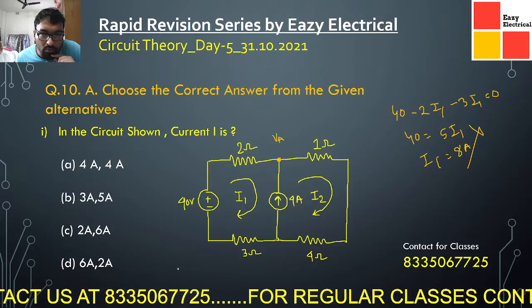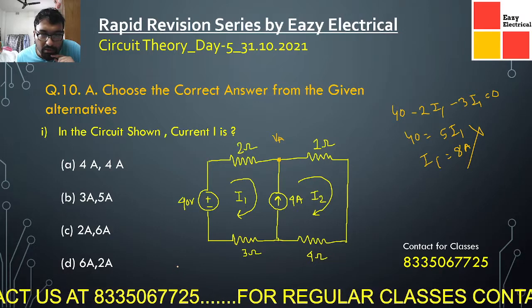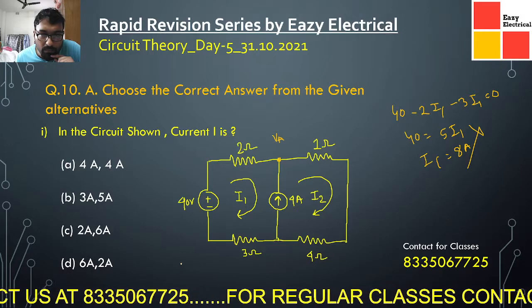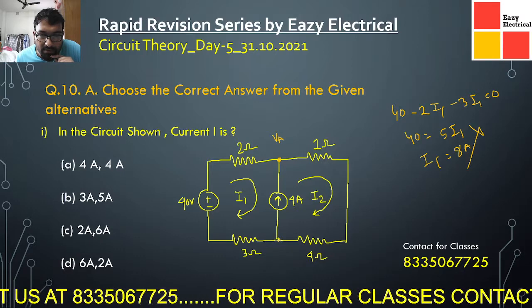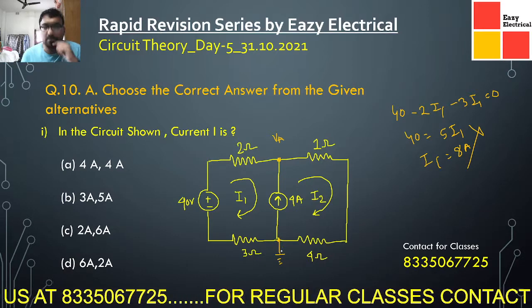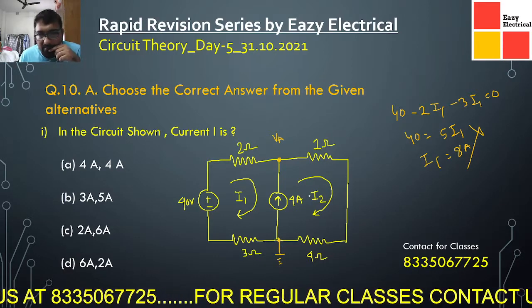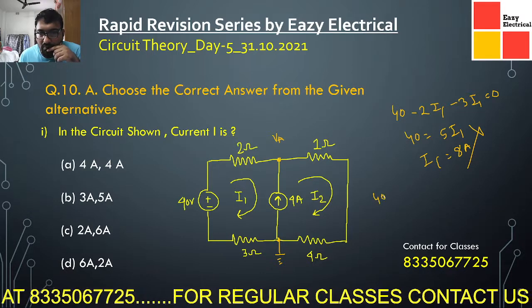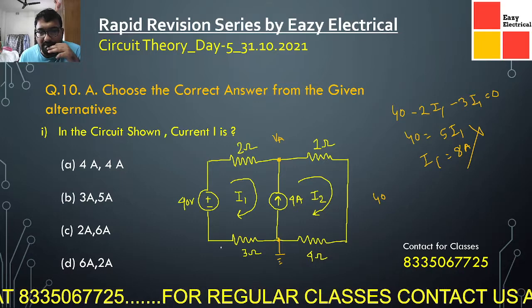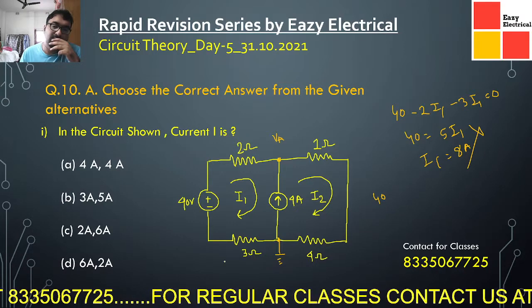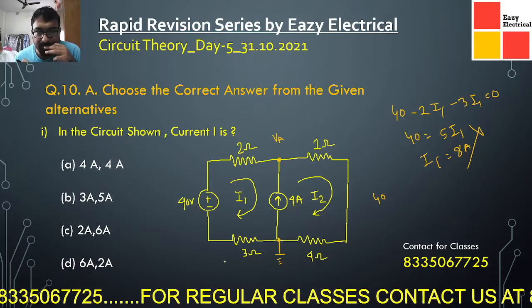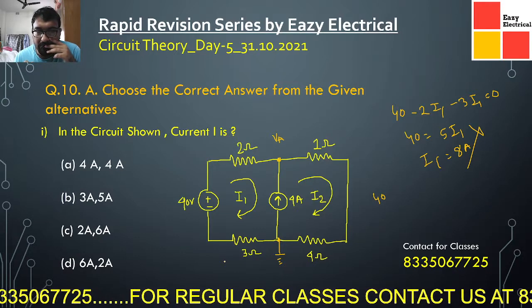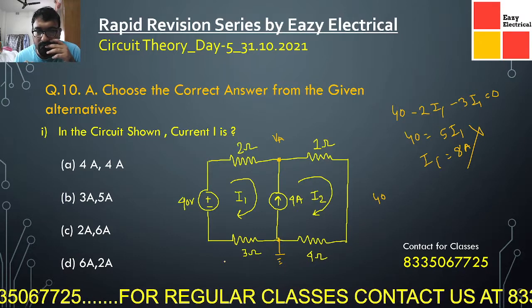Oh no. If this point is grounded, in that case you will write 40. This is a separate case. How do we do it?